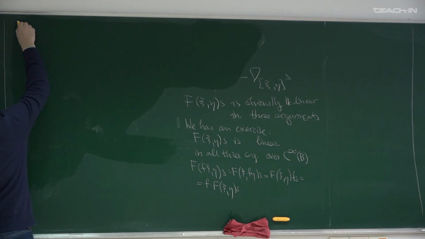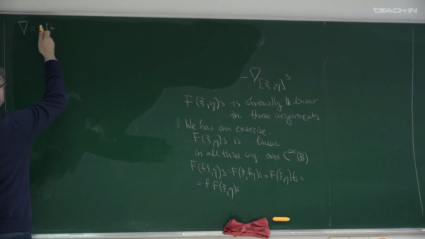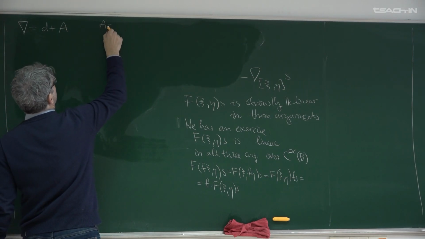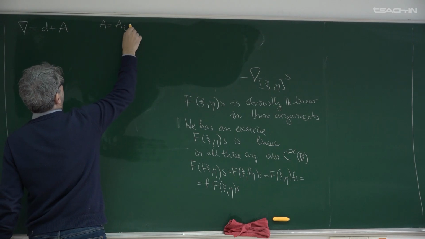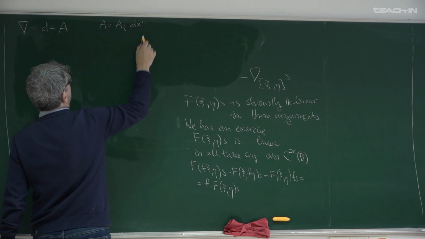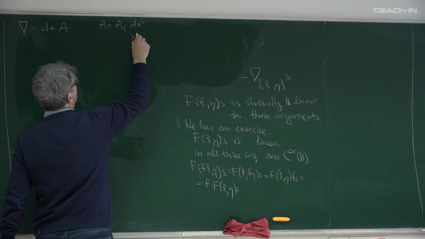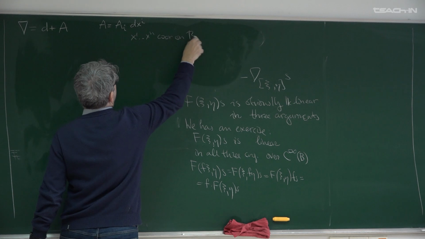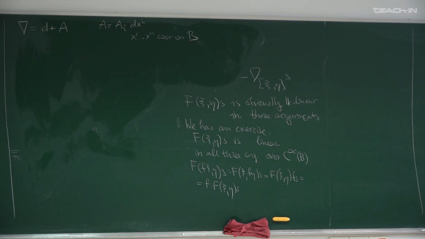So, nabla is a sum of the usual differential with one form A. So A can be written in coordinates as A_i dx_i, x coordinates on the base B. Okay, very good.